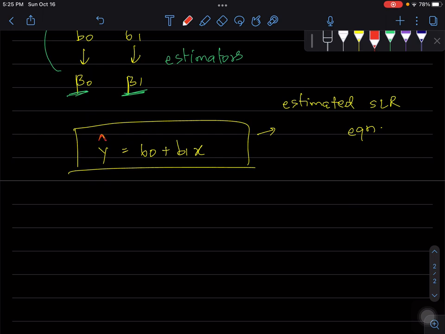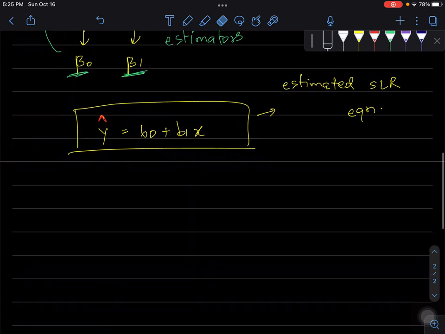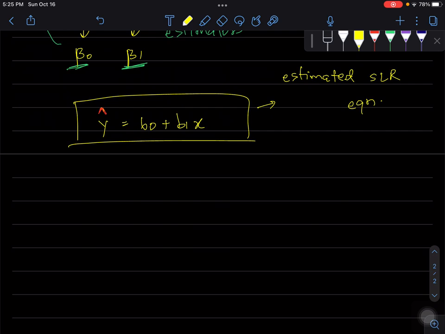So b0 can be considered as beta naught hat, and b1 as beta 1 hat, but for simplicity we just call them b0 and b1, so that we don't have to write the hat every time. So this is the estimated simple linear regression equation.